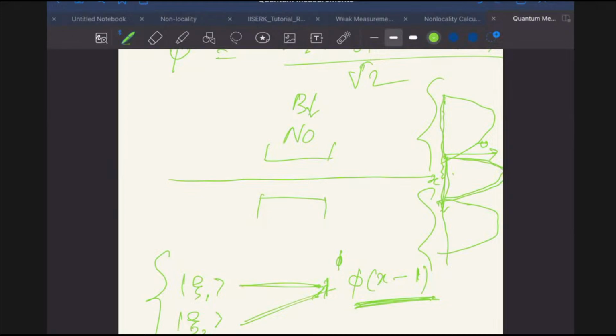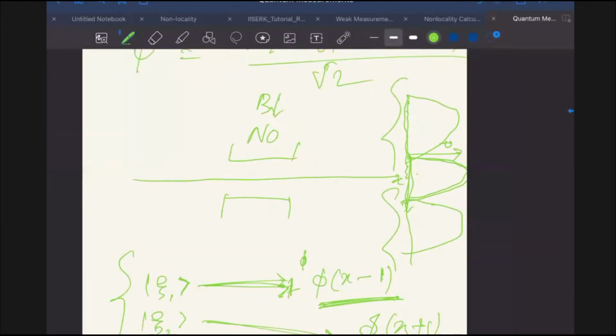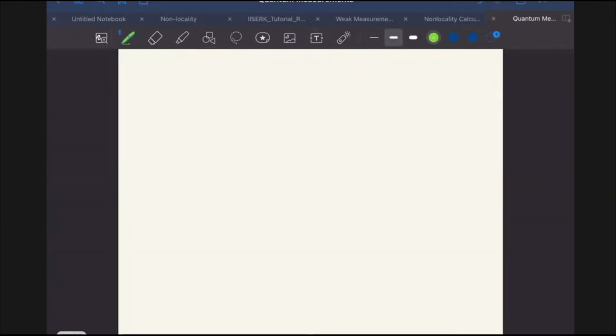Previously, this state was always going there, and this state was always going somewhere else, say phi x plus 1. That was a one-to-one correspondence between the spin degree of freedom and the position degree of freedom. So let us consider a new situation where this correspondence vanishes.